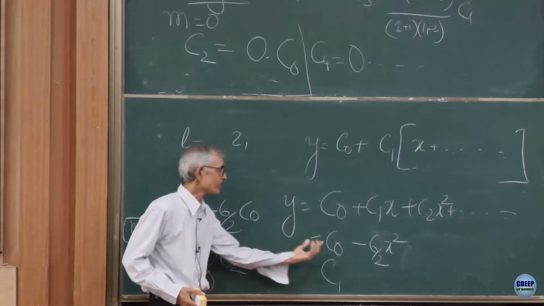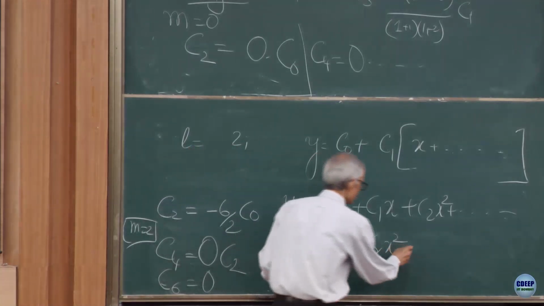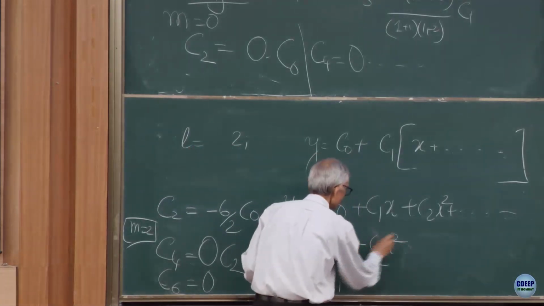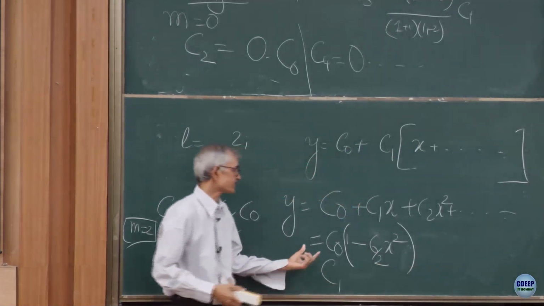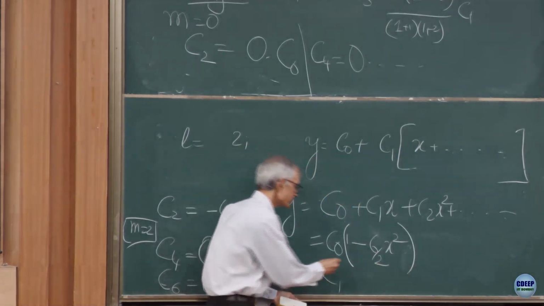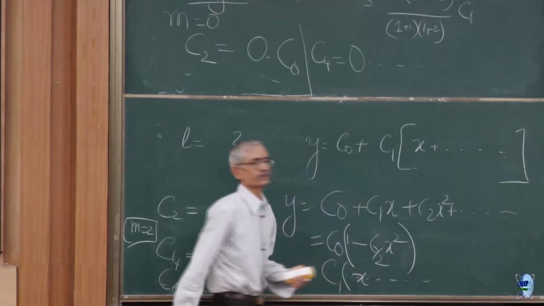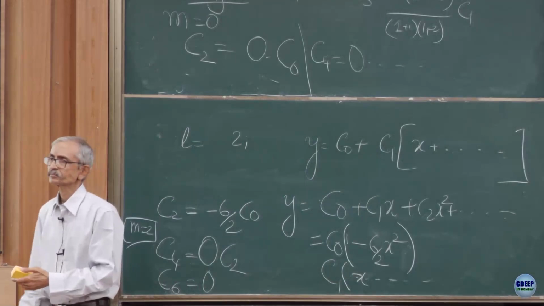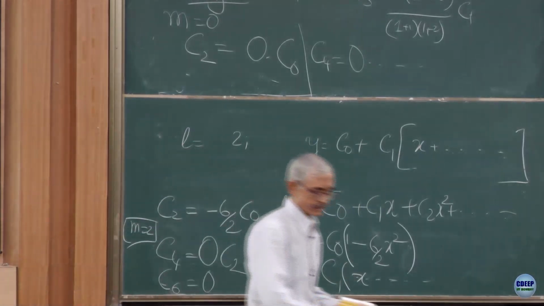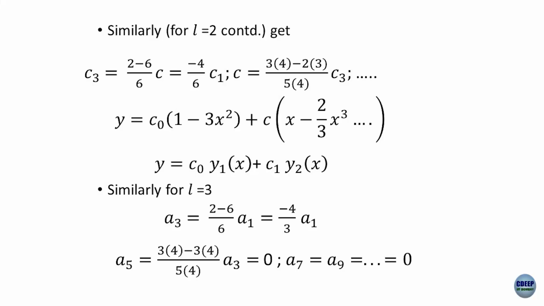Okay, so you have got C0 times 1 minus 3x square plus C1 times x and all those other terms. Okay, so what you are getting is C0 1 minus 3x square plus C1 times a whole bunch of terms.